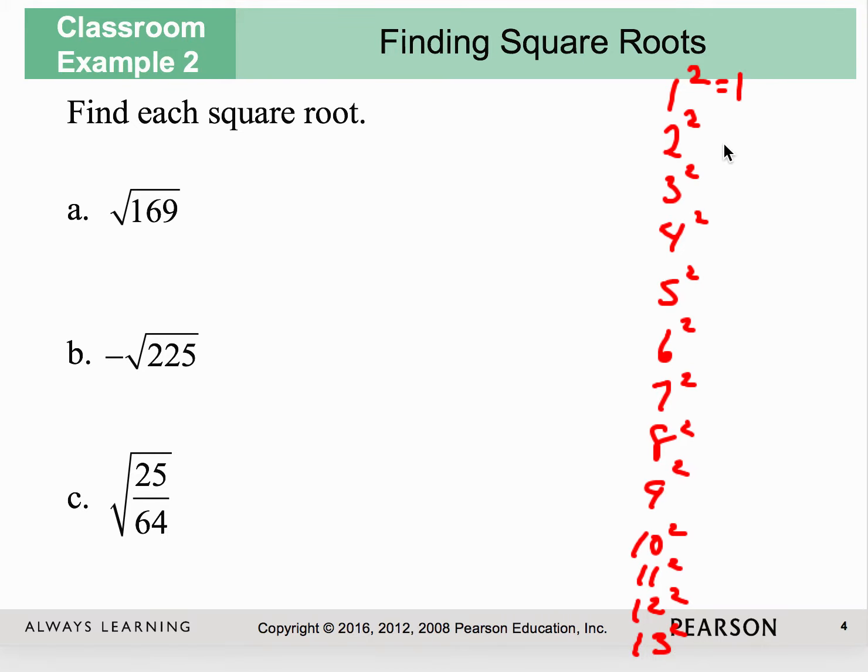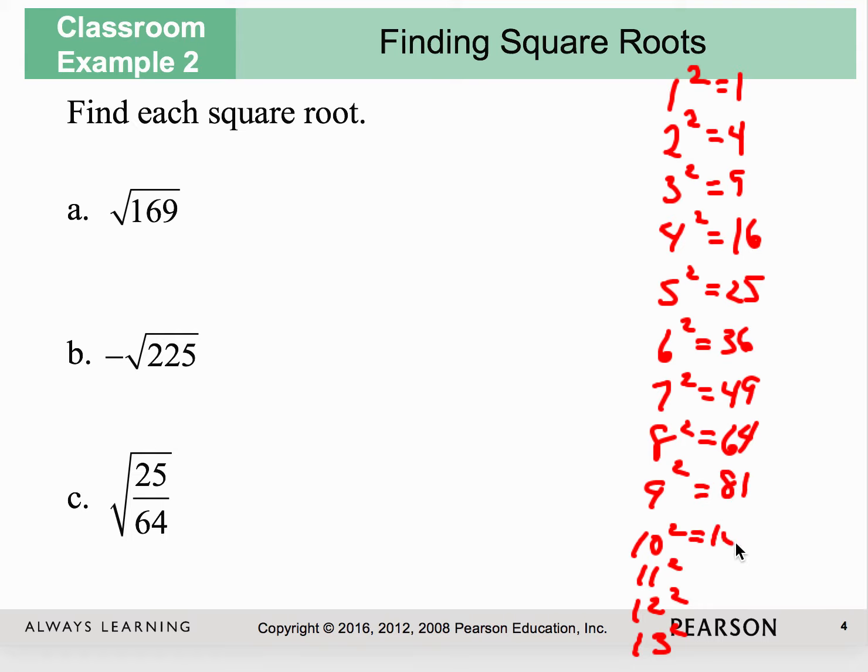Okay, so 1 squared is 1, 2 squared is 4, 3 squared is 9, 4 squared is 16, 5 squared is 25, 6 squared is 36, 7 squared is 49, 8 squared is 64, 9 squared 81, 10 squared 100, 11 squared 121, 12 squared 144, and 13 squared 169.